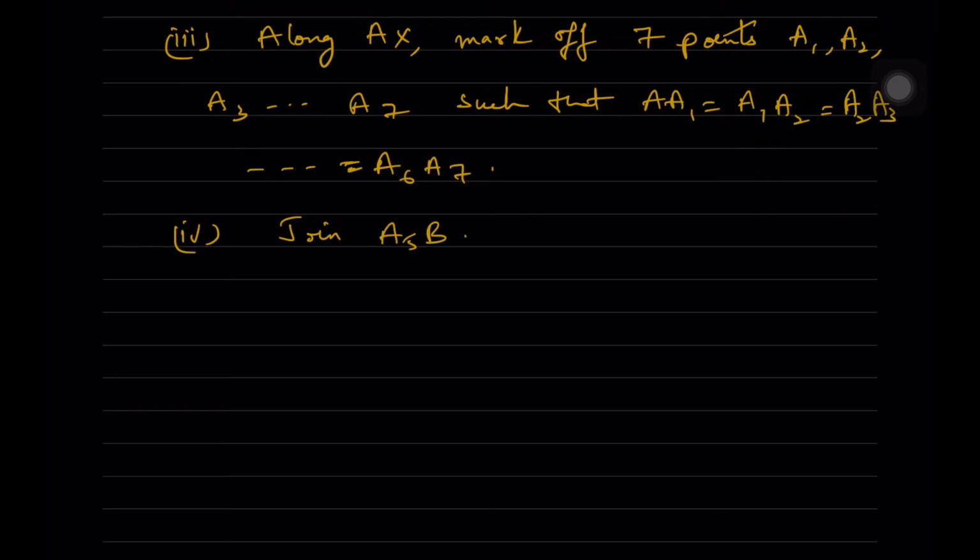So now the fourth step, we join A5 to B. Here, what is the lesser number? We always join it to the external point, that is B. A5 to B we are joining here.